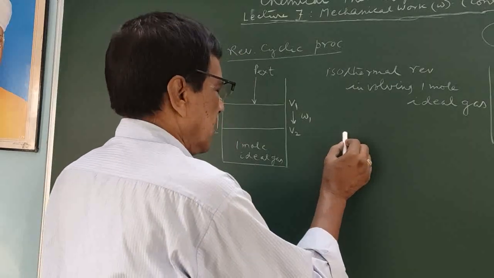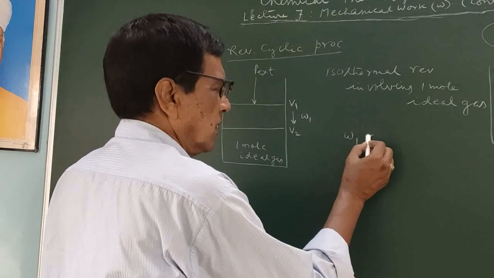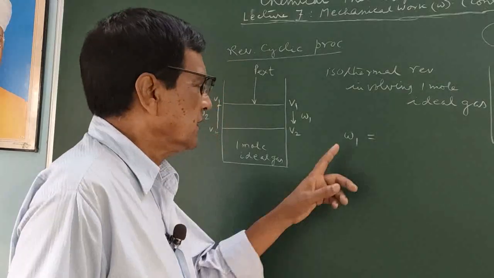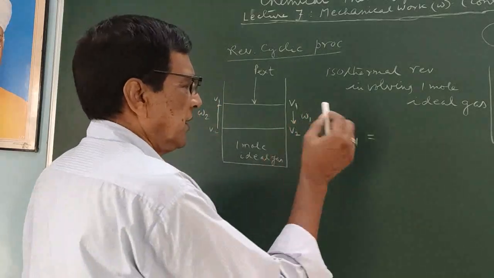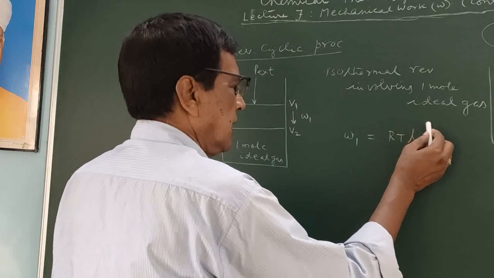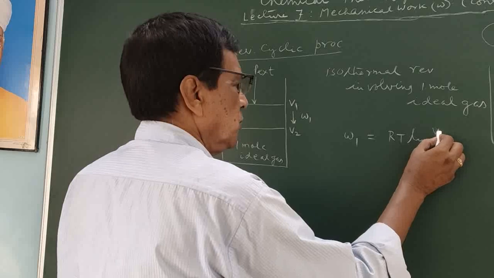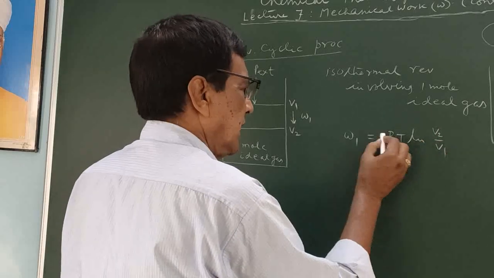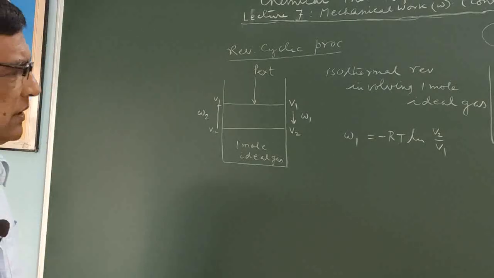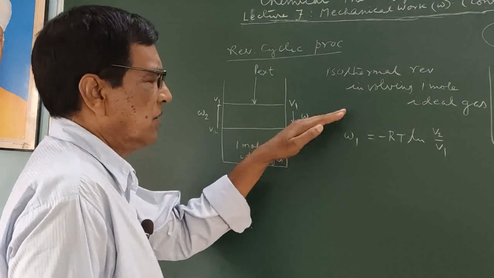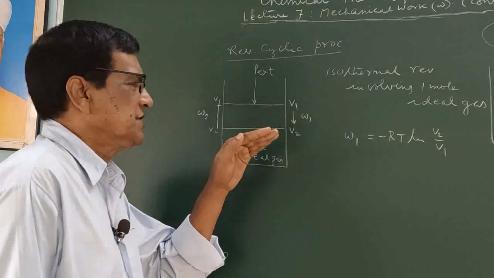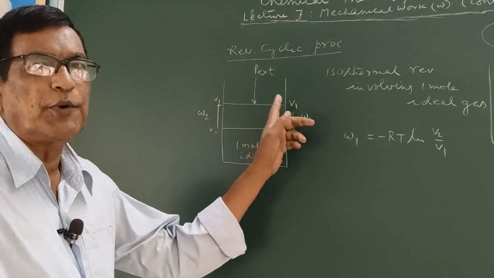According to the formula that I have already derived, W1 equals minus RT ln V2 by V1. This is the amount required for this system to compress from V1 to V2.